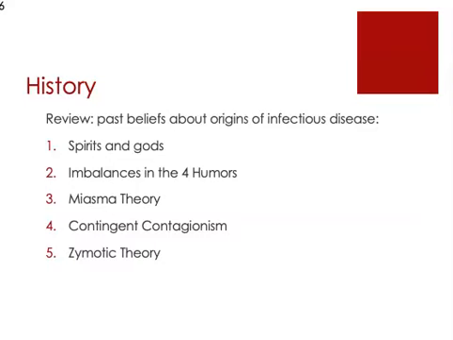They could become contagious. And finally was the zymotic theory, which put forth the idea that there were things like yeasts inside the human body that were fermenting and causing problems that led to disease.